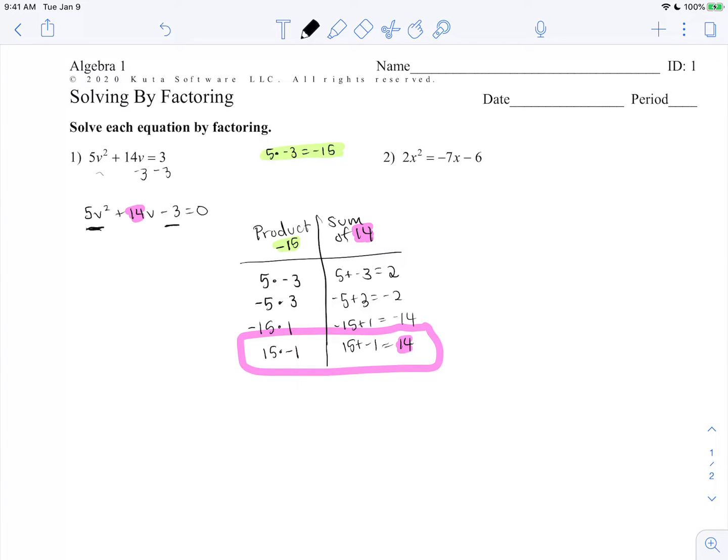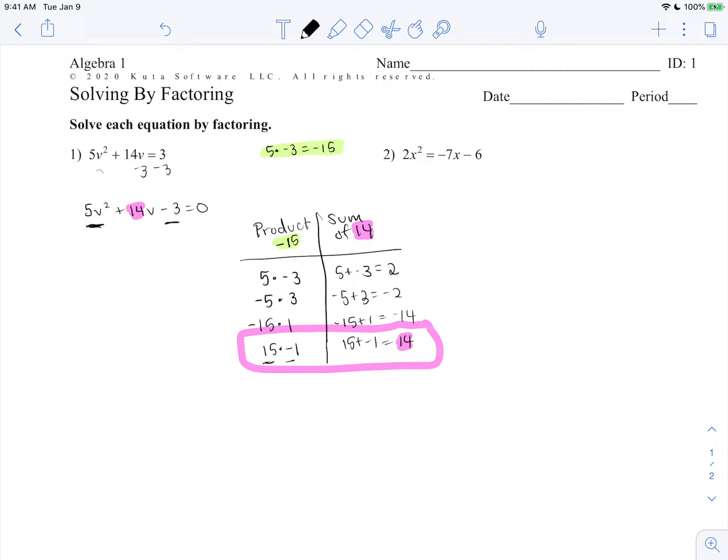Now that we have that, we're not done. We just take these values to continue with our factoring. So I'm going to write it out: 5v squared plus 15v, parentheses, plus negative 1v minus 3. I'm taking the 15 and putting it with a v, and the negative 1 and putting it with a v.